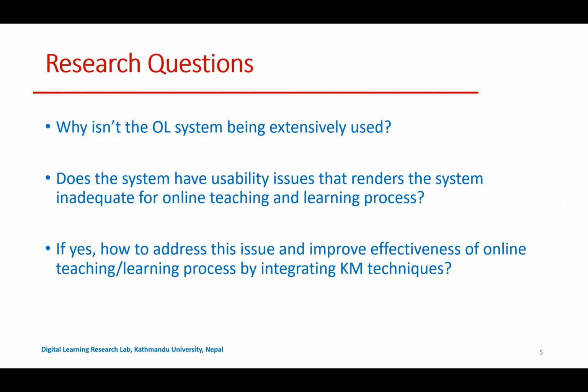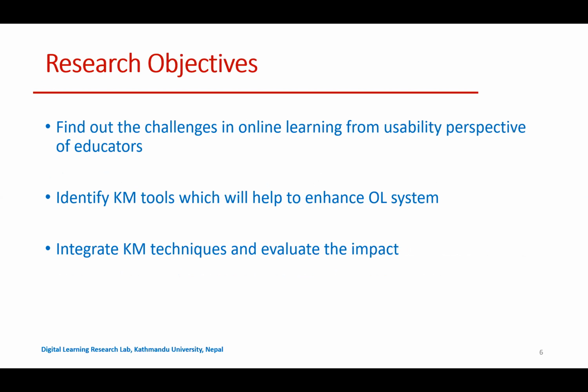And if yes, how can we address this problem? To answer these research questions, this research has the following objectives. First is to find out challenges in online learning from a usability perspective, then identify KM tools which will help enhance the online learning system, and then integrate those tools and evaluate the impact.